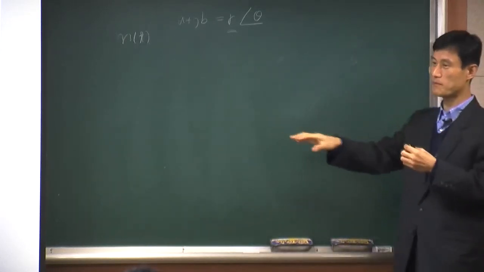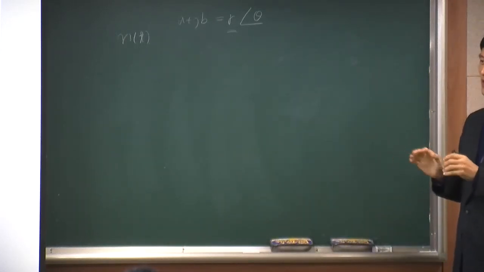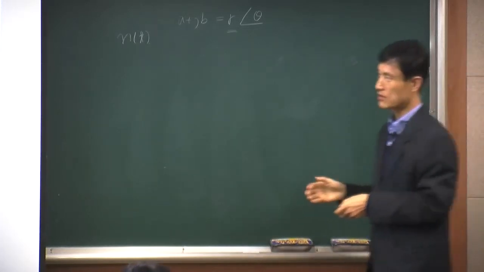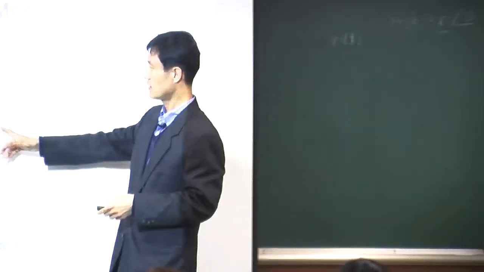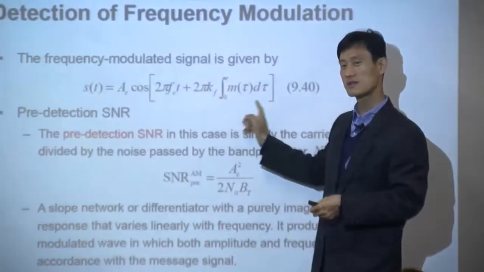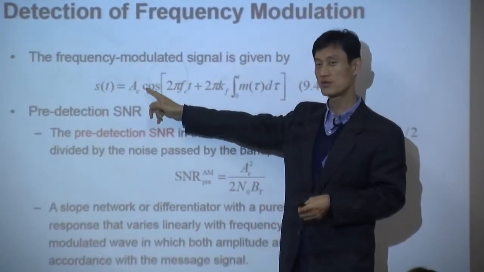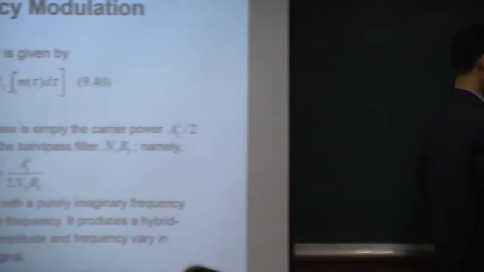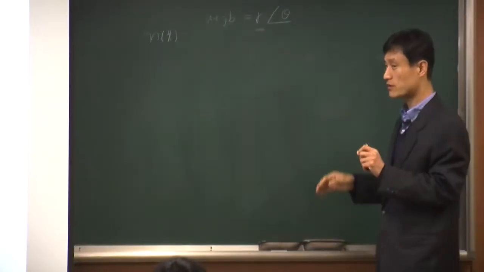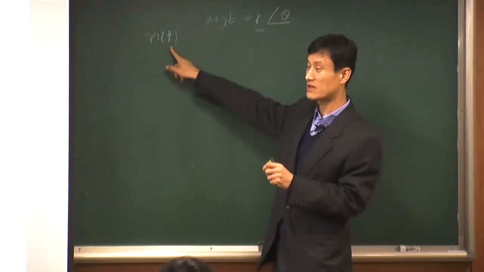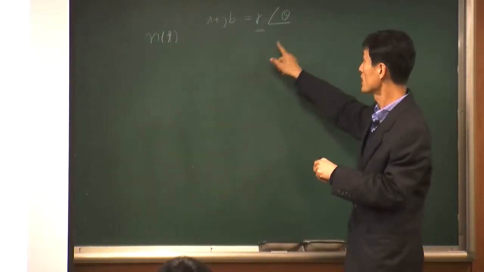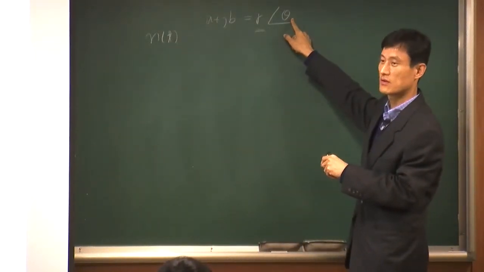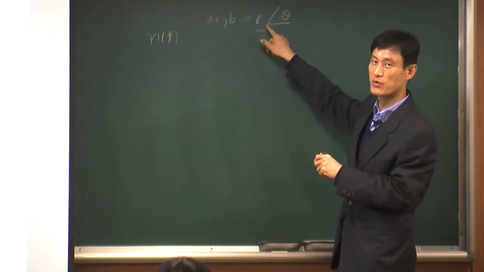However, in FM modulation, we don't look at amplitude. Your message is inside the phase, not in the amplitude. Your message is part of your phase. So now, when we look at the noise in FM, we're going to look at phase. Amplitude, we don't care.